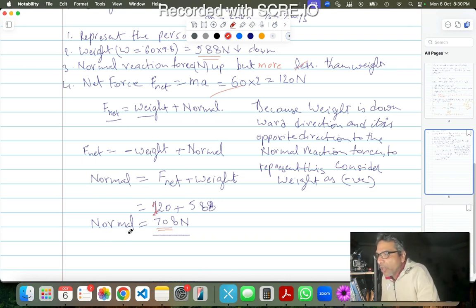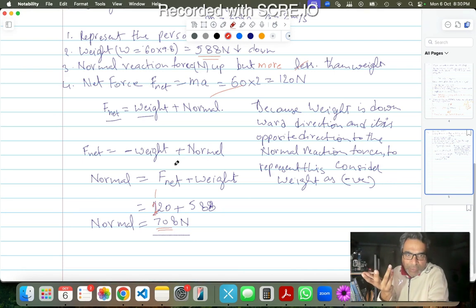Okay, so the normal reaction force is always more when we are going upward, and that's the true one because we are going upward, right? Who is pulling us up? Against the weight we are going upward, that means the normal reaction force should be greater than the weight. That's why I'm moving forward or upward.